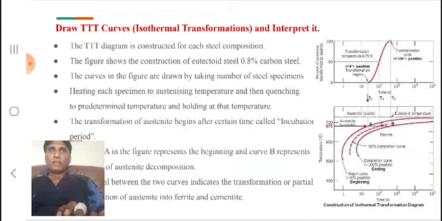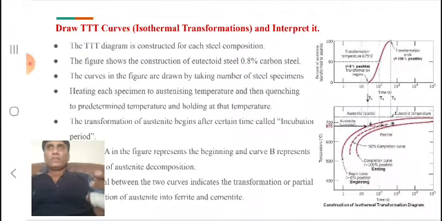A high percentage of retained austenite is present in continuous cooling because it is a fast cooling and we are not giving adequate time for the entire austenite to transform into pearlite or any other bainite or martensite. Whereas in isothermal transformation, we are giving enough time for the austenite to completely transform into the desired microstructure.